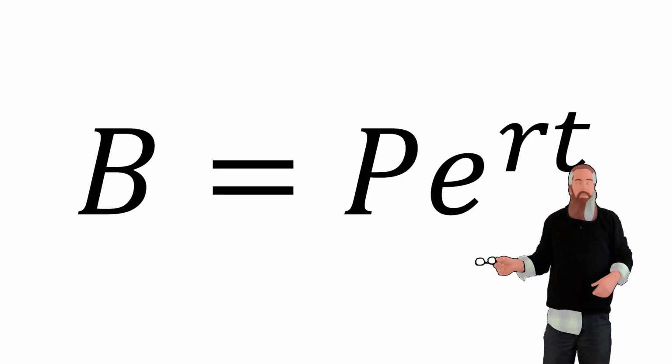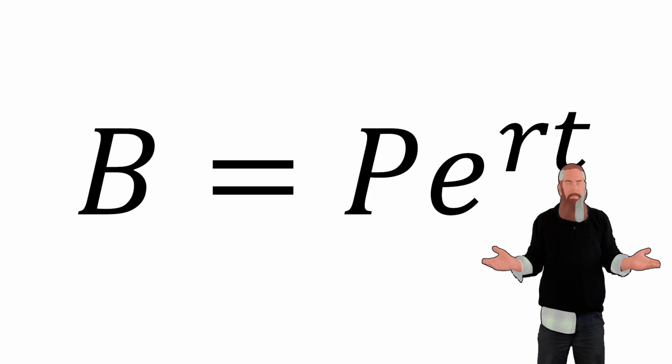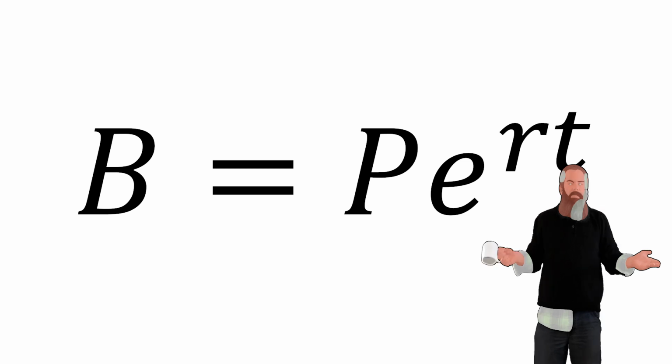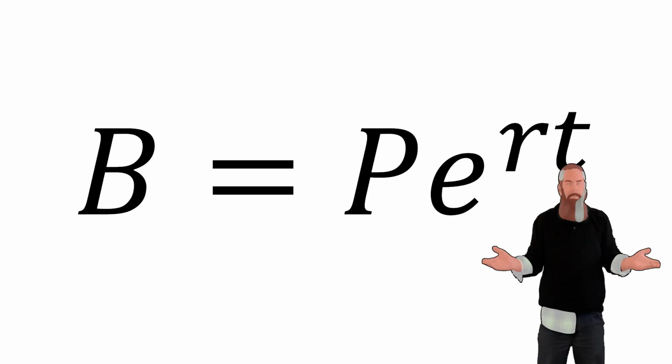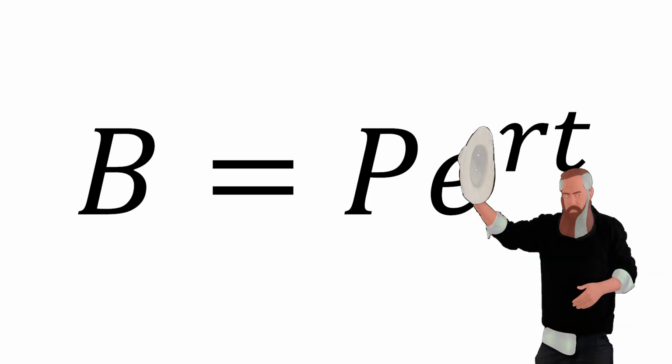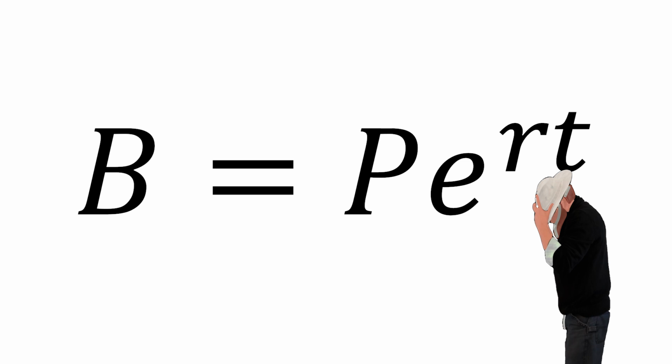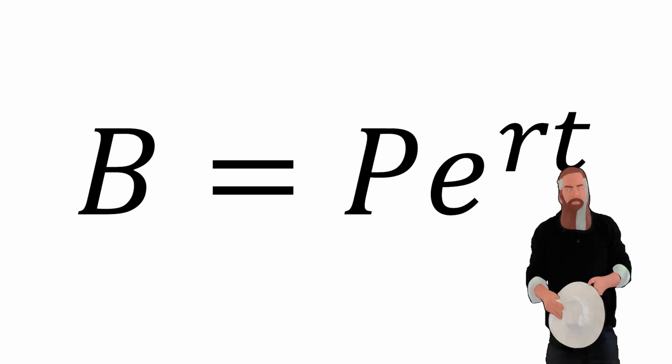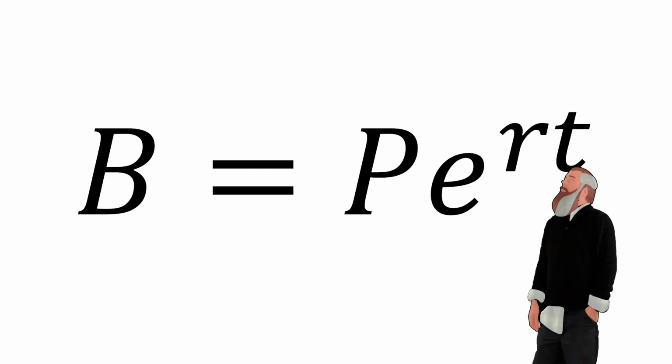In the lesson on continuous compounding, we were introduced to the formula for continuous compounding. B is equal to P times e to the rt, where B is the ending balance, P is the principal, and e is the exponential base. r is the interest rate expressed as a decimal, and t is the term of the account.